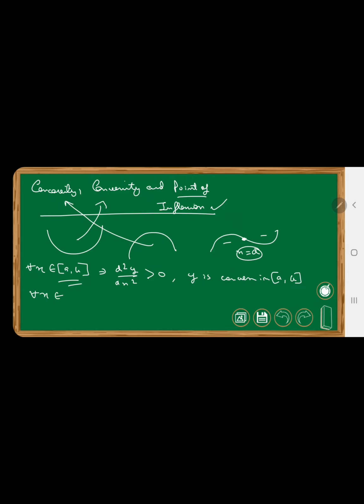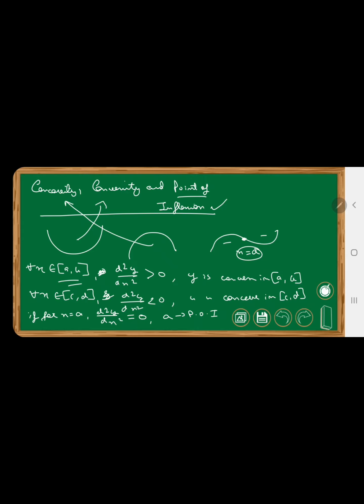If for all x belonging to (c,d), d2y over dx square is less than 0, then y is concave in (c,d). And if for x equals a, d2y over dx square equals 0, then a is the point of inflection. Clear? This much is clear, I guess.